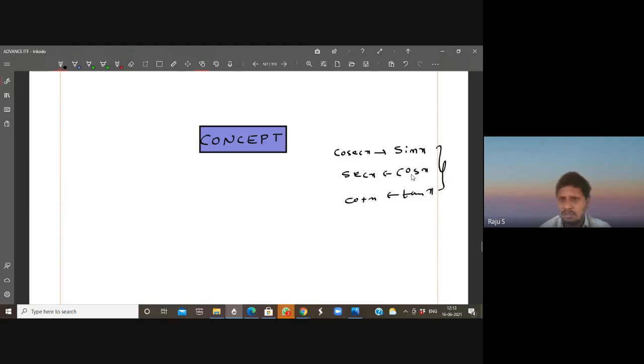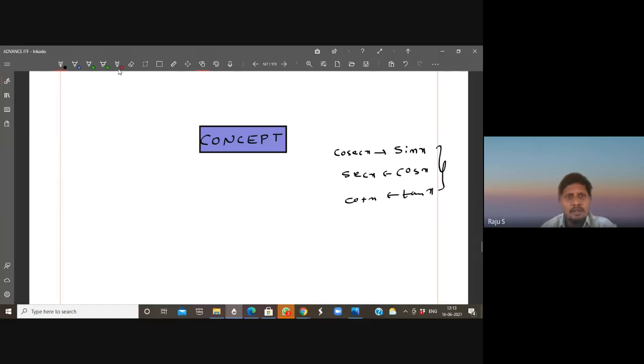Whatever the general solution for cos is also the general solution for secant x. Tan's general solution is cot's. Is it clear? Fine. When you observe here, what shall we see first? The general solution of the sine value.